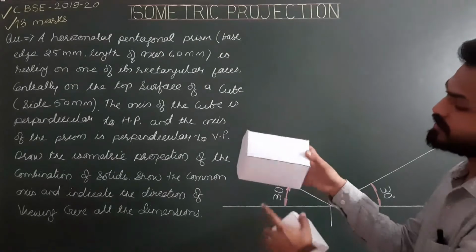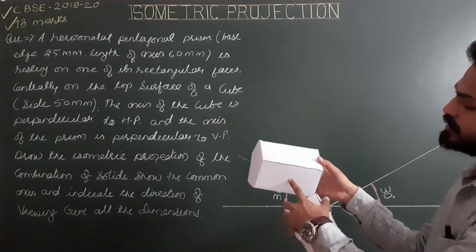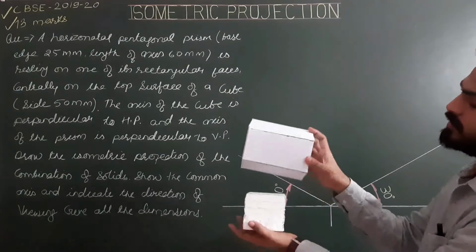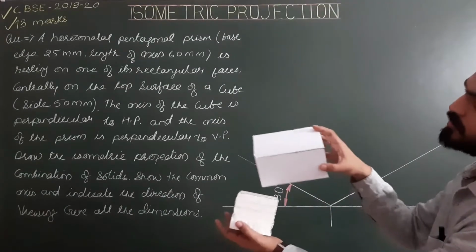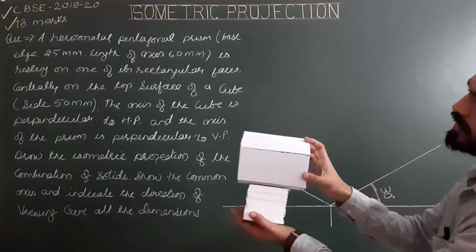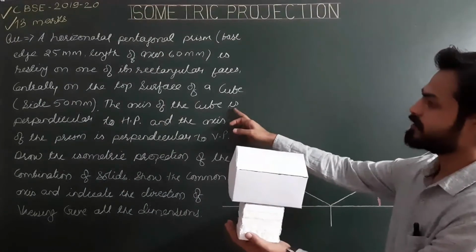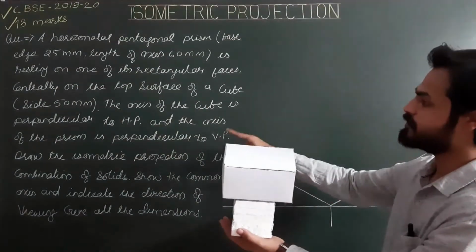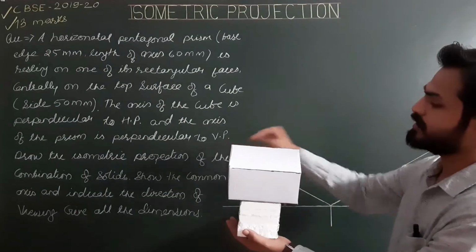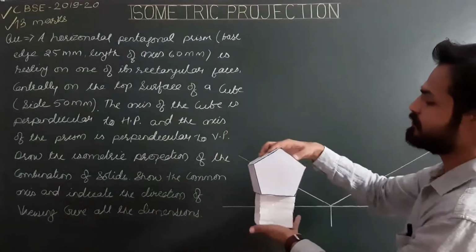Now centrally means the center of this rectangular face will coincide with the center of the upper surface, the upper square of the cube, like this. Now the axis of the cube is perpendicular to HP and the axis of the prism is perpendicular to VP.